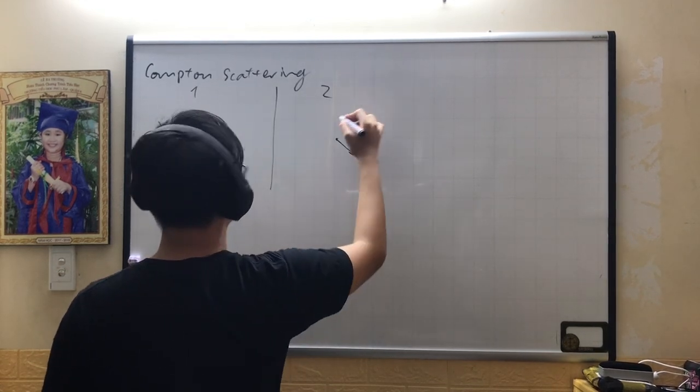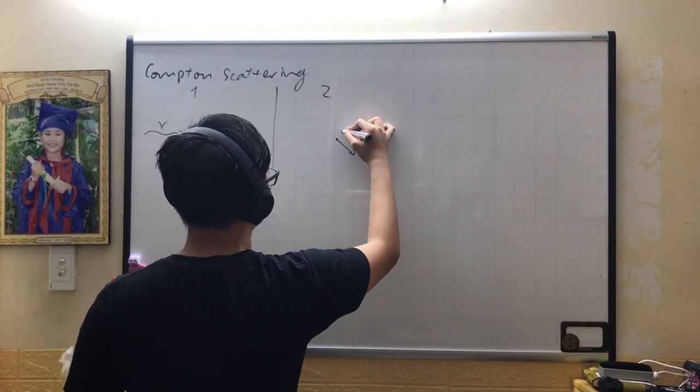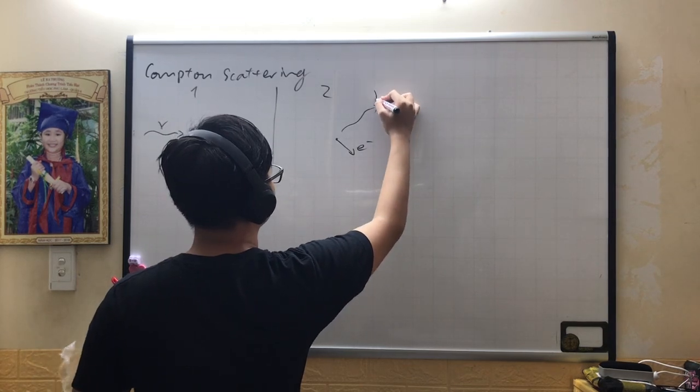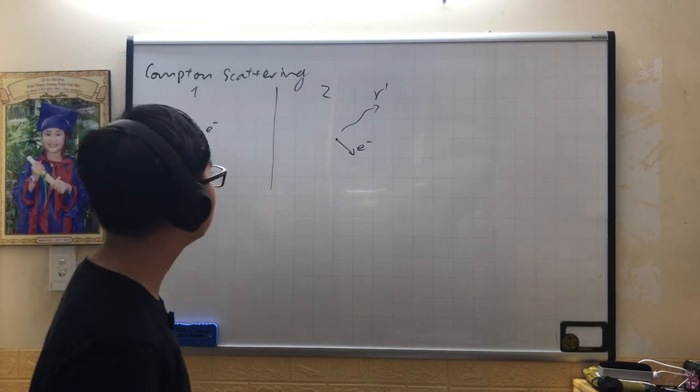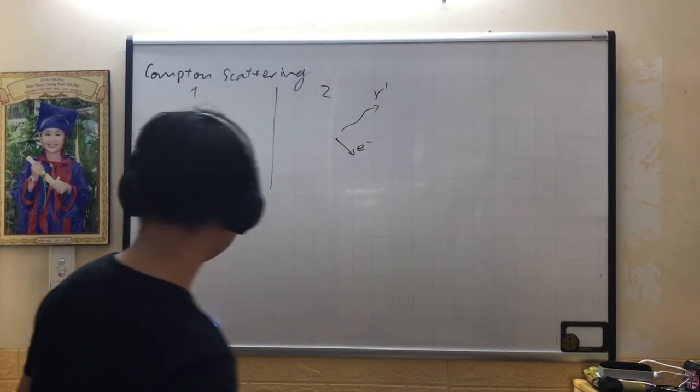The electron and the photon change direction, and the wavelength changes as well. So I will write it as gamma prime.